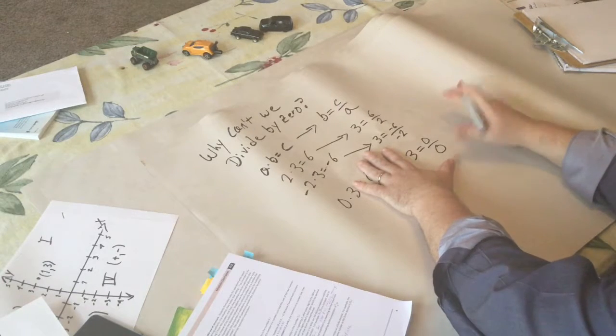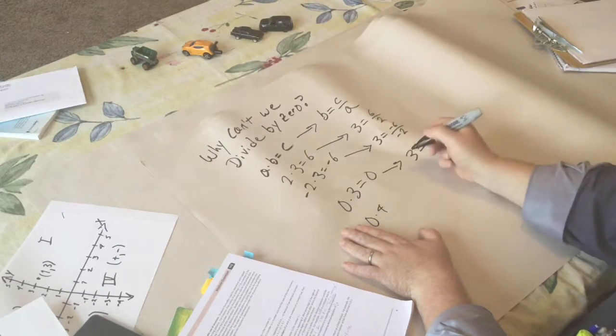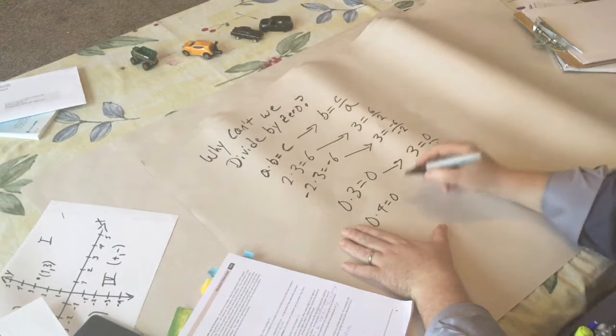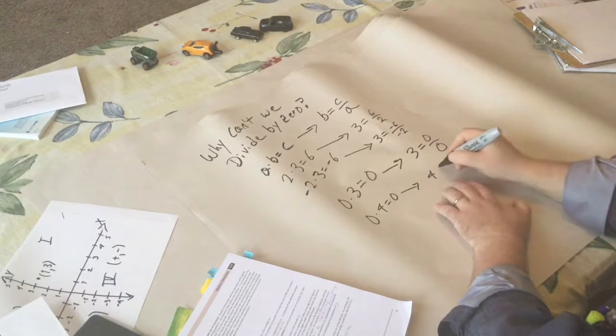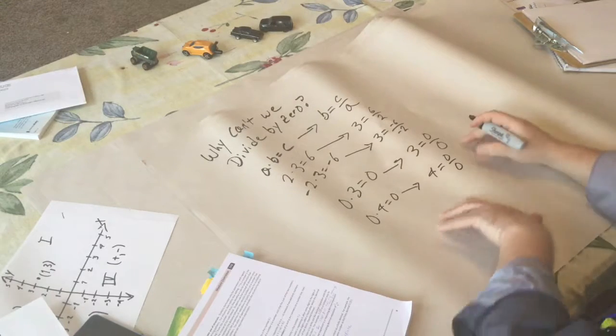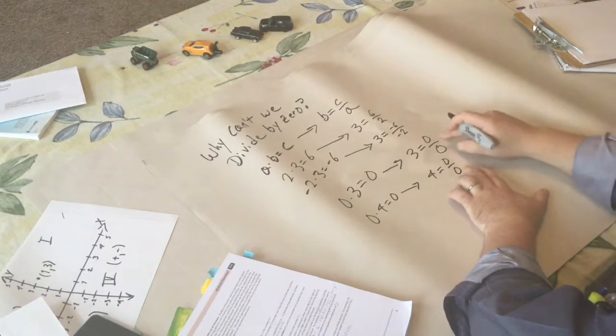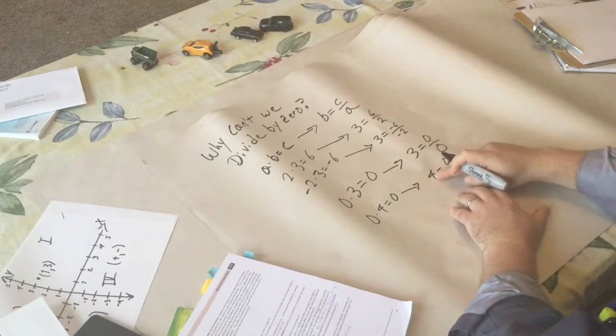Okay? Let's look at it this way. What if I do 0 times 4 is equal to 0? Now, I have to rewrite it the same way and say that 4 is equal to 0 divided by 0. So now I see that if 0 divided by 0 has a value of 3, then it also has a value of 4.